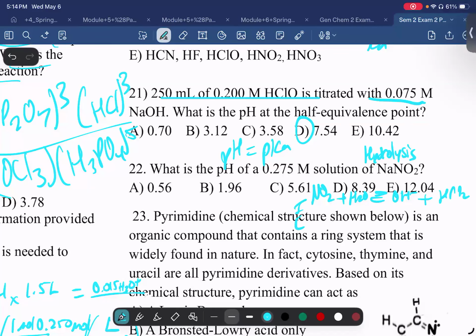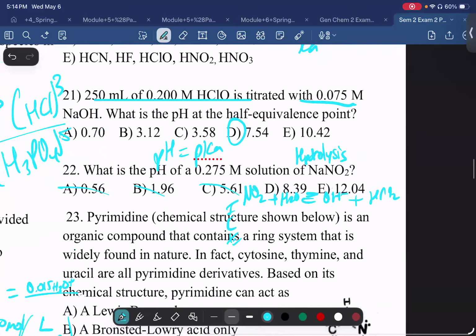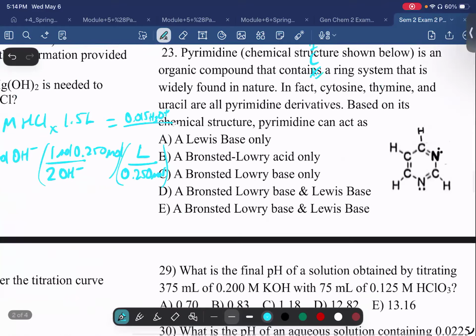And you're gonna do an ice chart and figure out the hydroxide concentration and figure out the pH. But just off the top of your head, you can tell that A, B, and C would all be wrong because it has to be basic. So you can guess between D and E. I don't really remember the answer choice for this one, and I don't really want to go through the trouble of doing it, but it might be E or D. But I'm gonna move on.